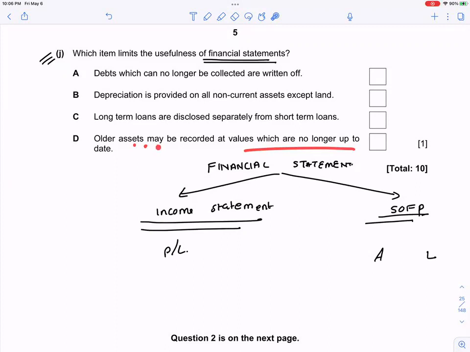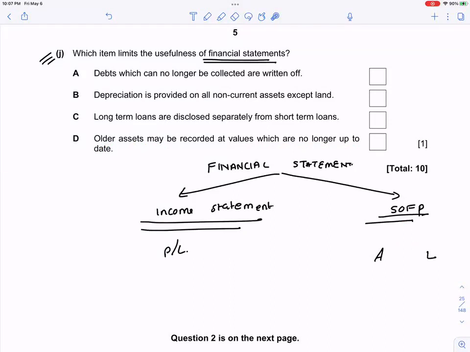How can the position of your assets and liabilities be affected if you record your assets at the purchase price? Because it's always for the current year, and if you have old assets, you're going to depreciate them, so the value is going to keep on reducing.